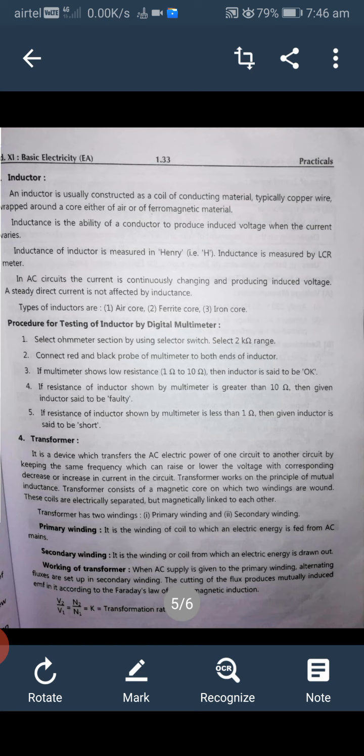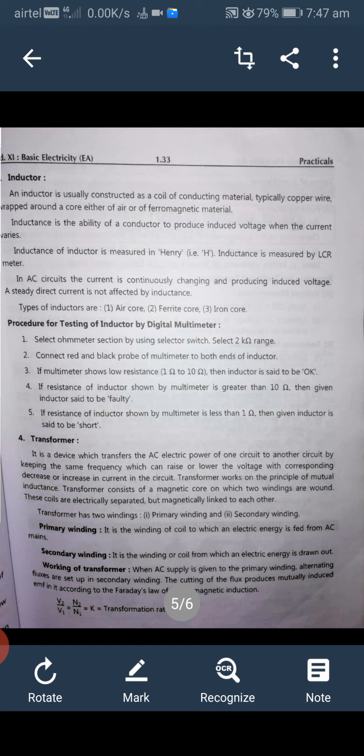Procedure for testing of an inductor by digital multimeter. Select the ohm meter section by using the selector switch. Select the 2 kilo ohm range. Connect the red and black probes of the multimeter to both ends of the inductor. If the multimeter shows low resistance, meaning 1 ohm to 10 ohms, then the inductor is said to be okay.